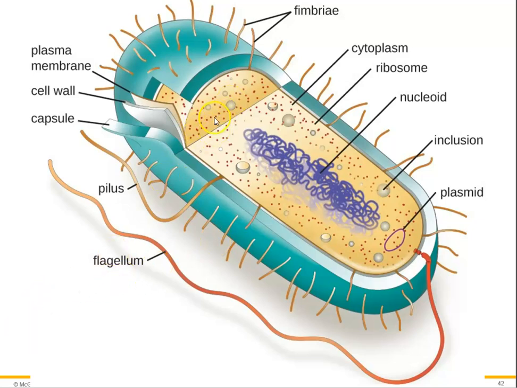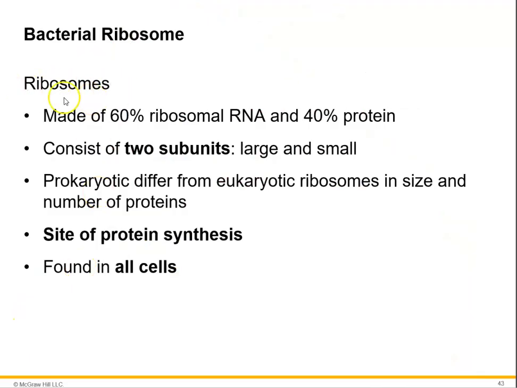Another thing to notice here is these small dots throughout the cytoplasm. These are ribosomes. Okay, and ribosomes are going to be the site of protein synthesis in the cell. The bacterial ribosome is made up of ribosomal RNA and protein, and it's going to consist of two subunits, a large and a small subunit.